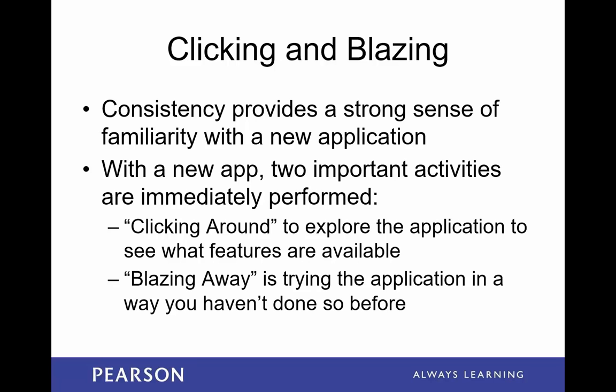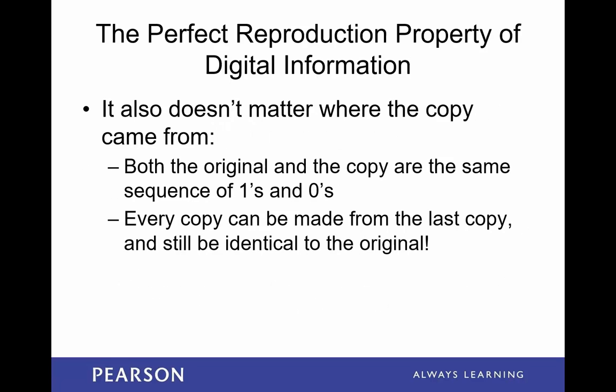There's also the concept of clicking and blazing, wherein the consistency that we get across applications allows us to jump right in and start clicking around and exploring in a new application to find out what features are available. Also, blazing away is trying something in an app that we haven't done before.